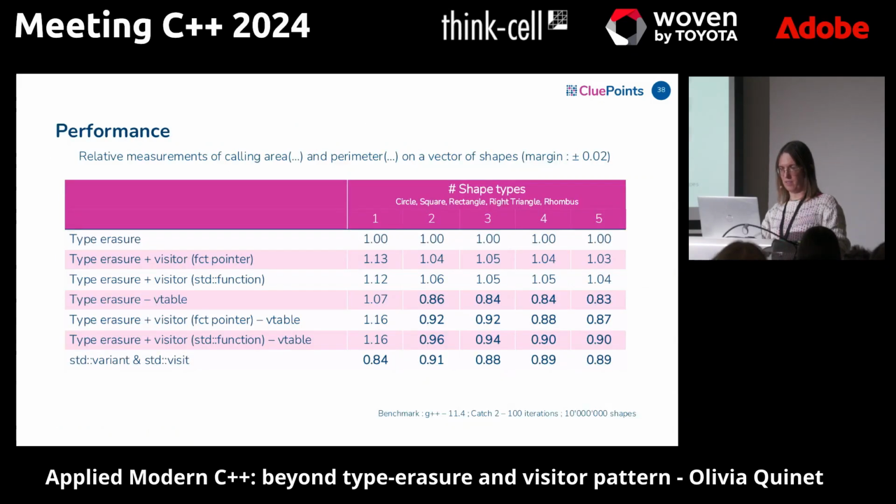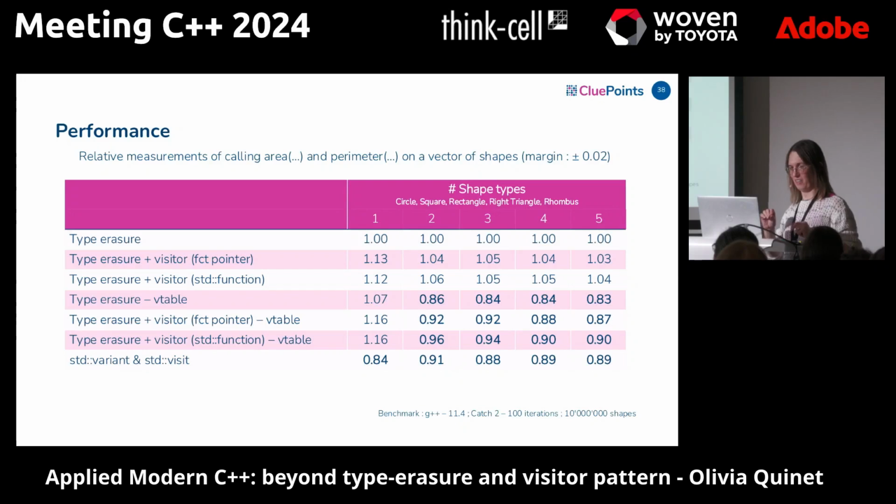And maybe this is where someone will complain or be happy, because I did some performance measurements, but here are relative measurements. So the first line is the classic type erasure, at 1. And the second line is when you use the visitor with a function pointer or std function.